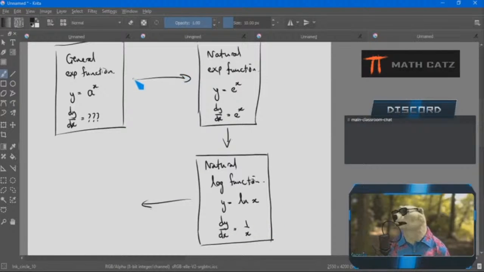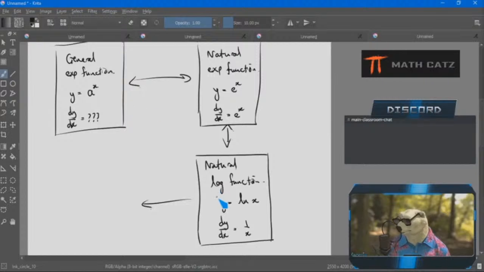So now I see that there's no direction here, really. It's back and forth. The natural exponential function was a specific example of the more general family of exponential functions where the base could be many things.